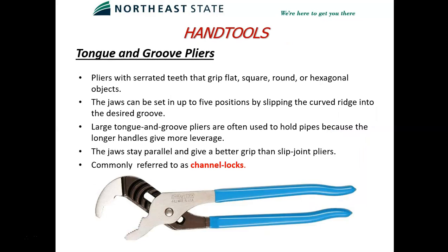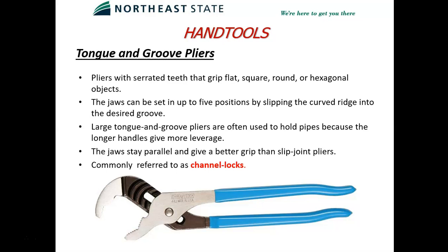Getting to the channel locks, these are tongue and groove pliers, I should call them. This is what we refer to as channel locks. Notice that's red. These are really good gripping pliers. This particular one has a different shaped head on it. Notice the jaws on them are V-shaped, and that's more for gripping pipe.